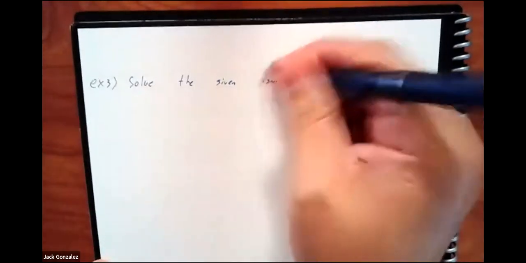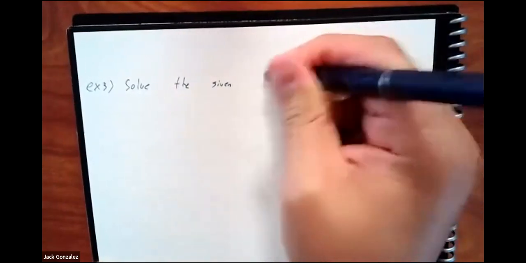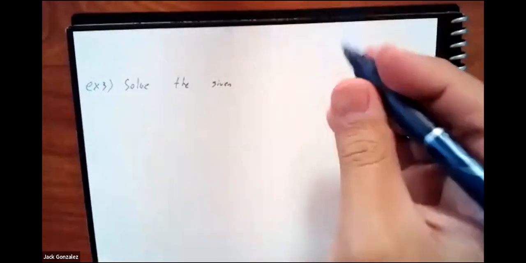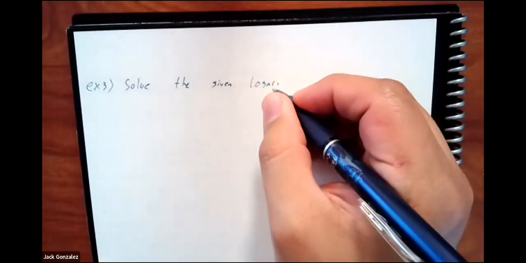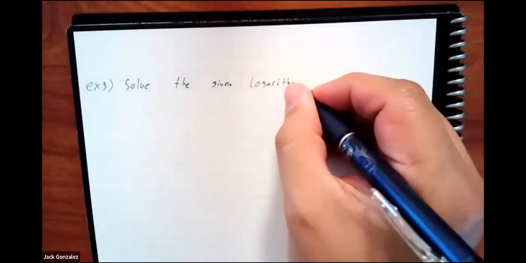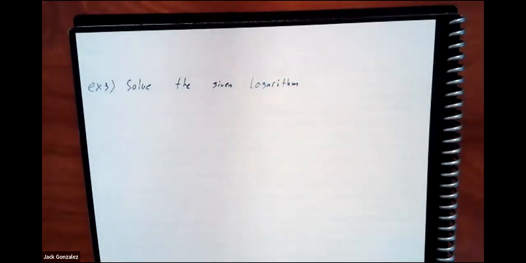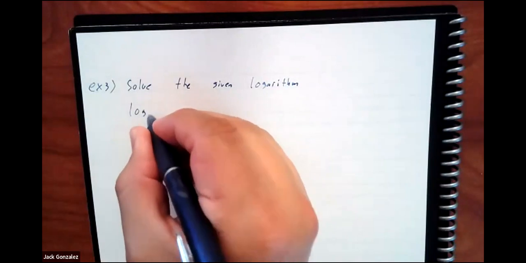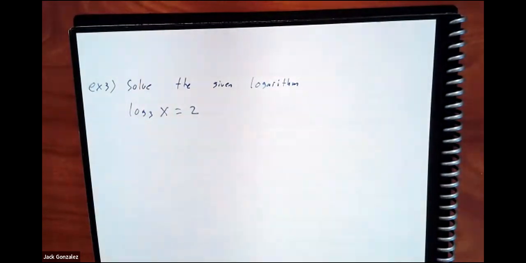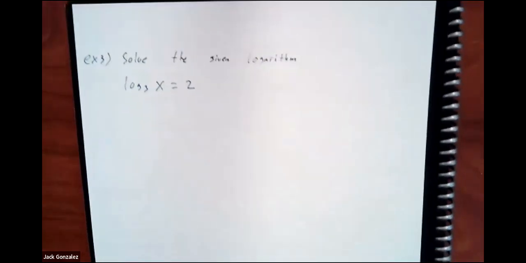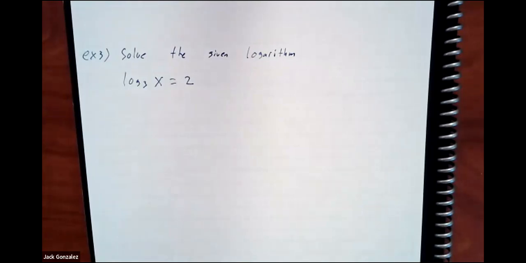Solve the given logarithm. Okay. So apply the definition and then try to solve for x, because right now the x is trapped inside. So apply it.